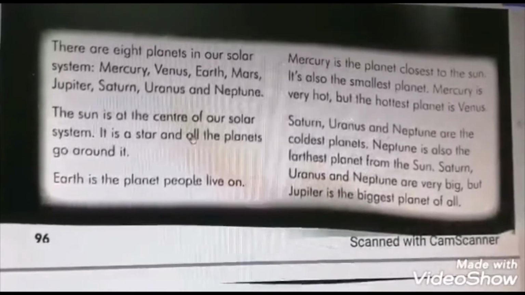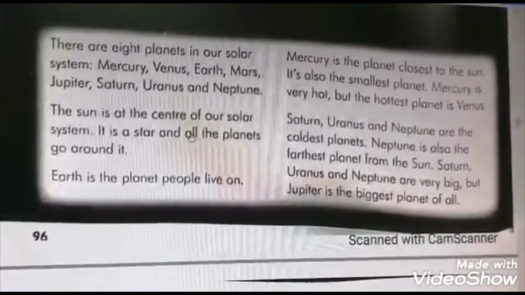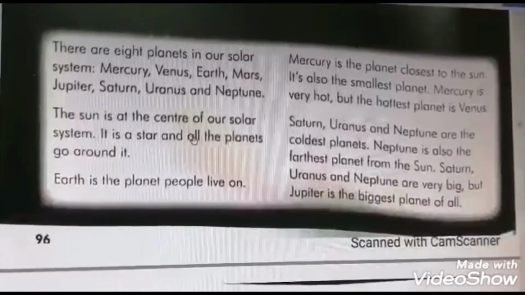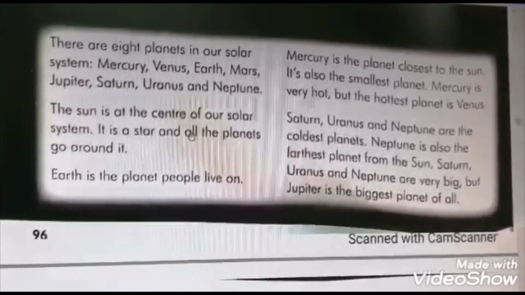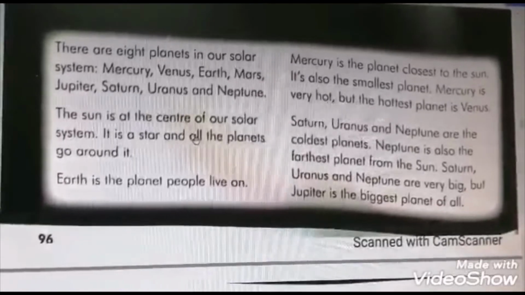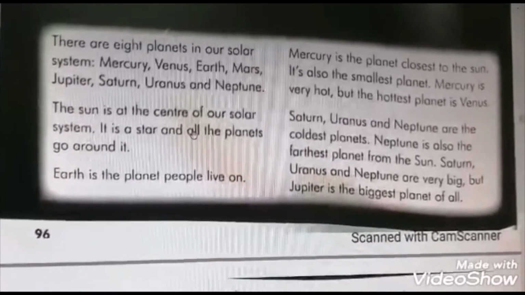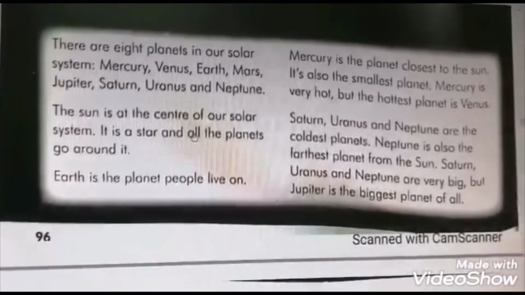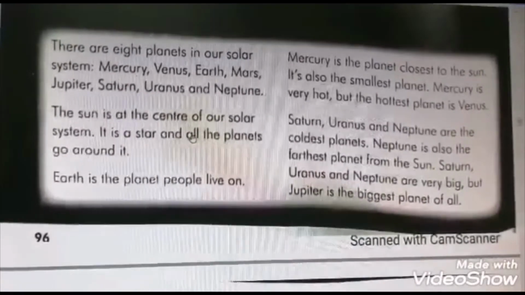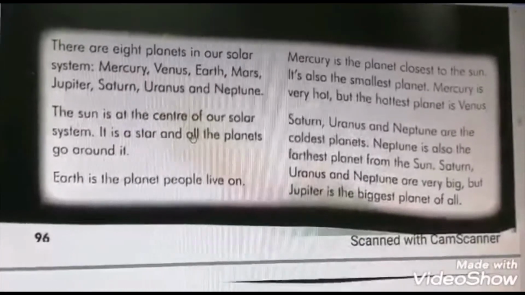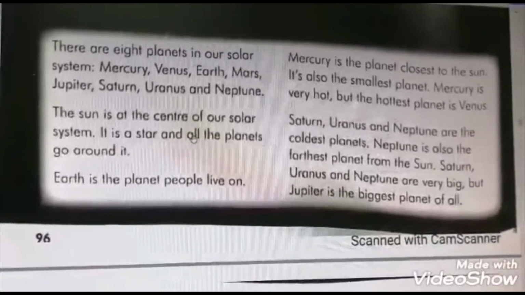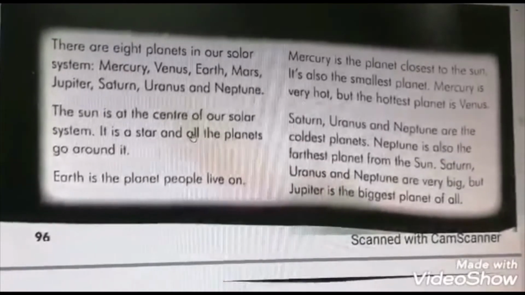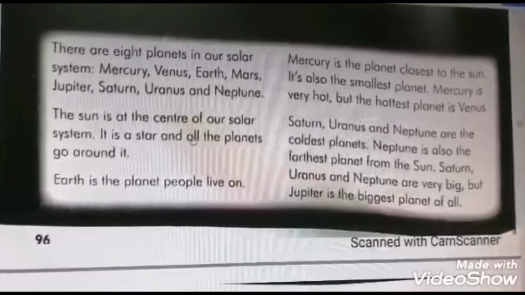Science. The solar system. There are 8 planets in our solar system. Mercury, Venus, Earth, Mars, Jupiter, Saturn, Uranus, and Neptune. The Sun is at the center of our solar system. It is a star, and all the planets go around it. Earth is the planet people live on.